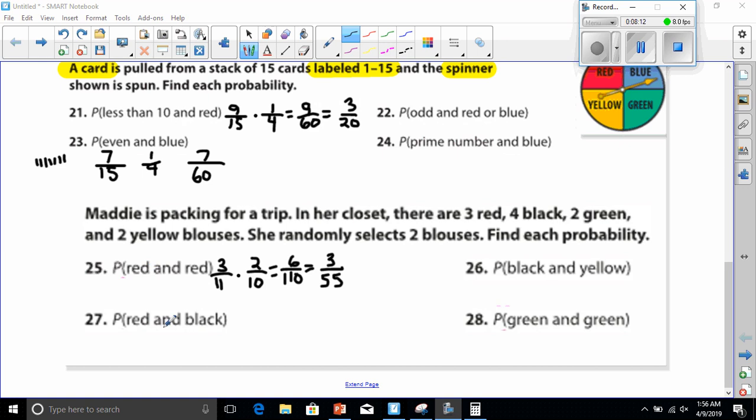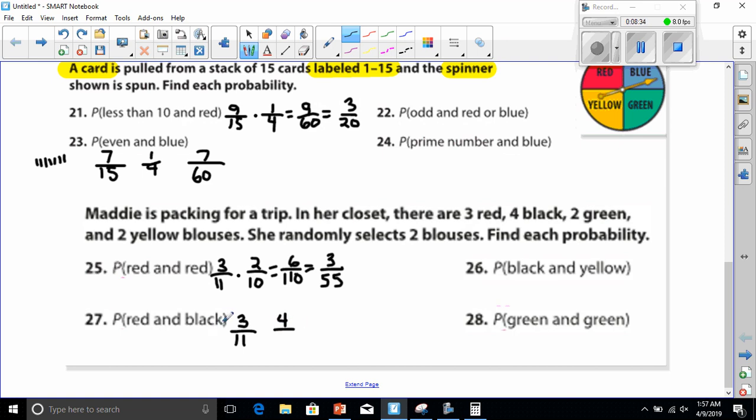All right, we're on our last one, number 27. Says P, the probability of red and then black. Well, we said already that red was 3 out of 11. And now black is 4 of them. We didn't take any of those out, so we can keep 4.